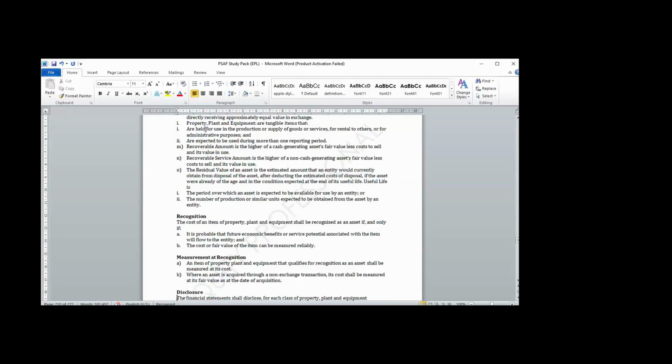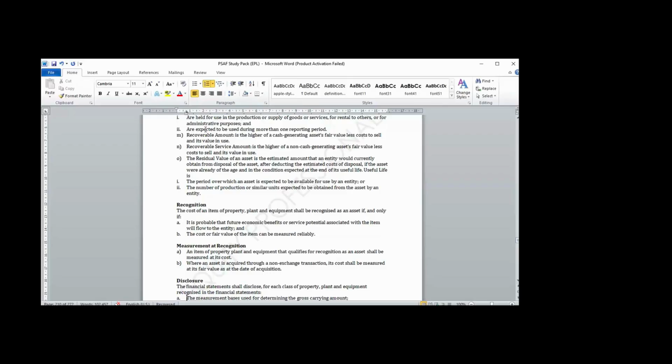But on the other hand, it can also be measured at fair value. In terms of measurement, where an asset is acquired through a non-exchange transaction, its cost shall be measured at its fair value. That is another related information.